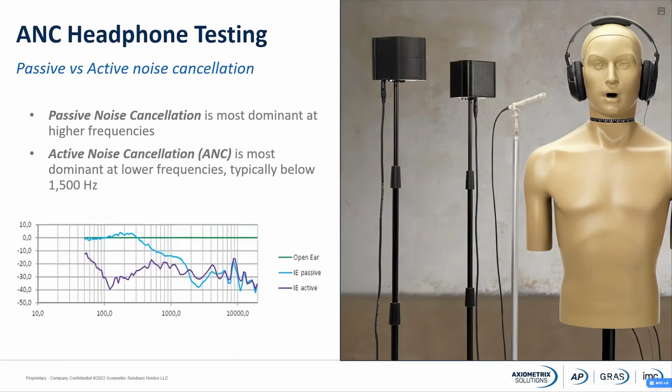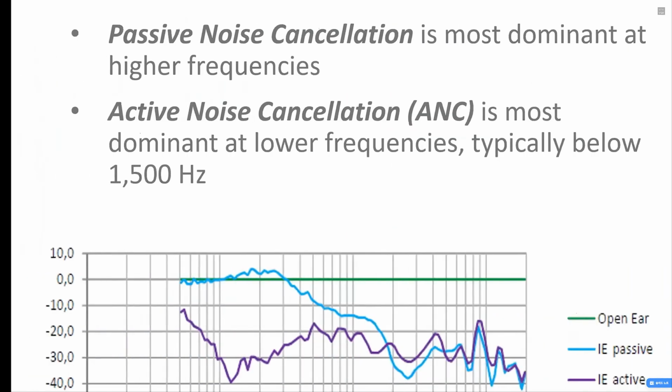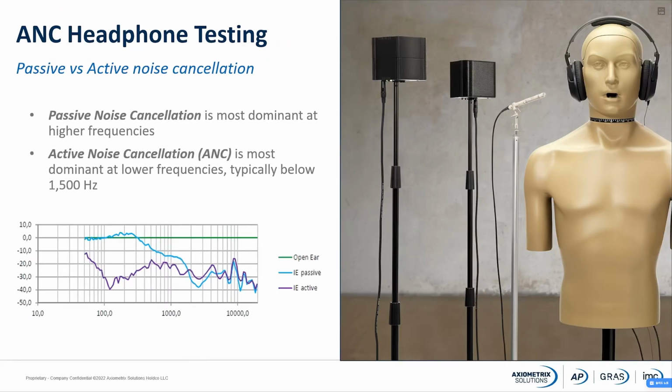And here we have an example of that. This is a typical result of an ANC test where the green curve is showing us the open ear situation, the light blue curve is showing us the passive attenuation of a pair of headphones, and the violet curve is showing us the passive plus the active attenuation.